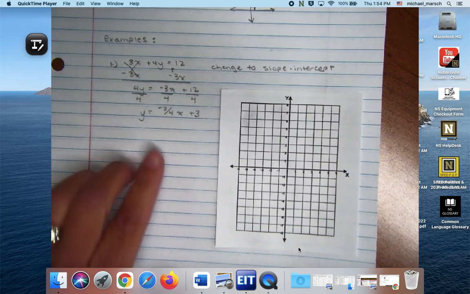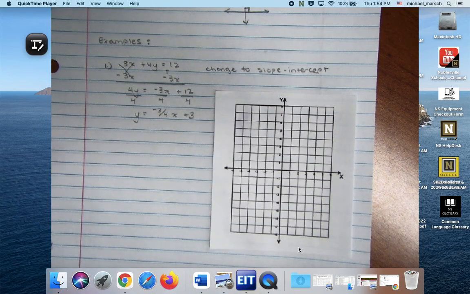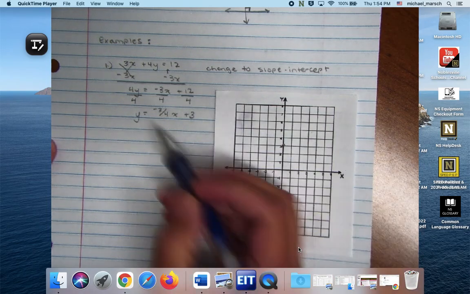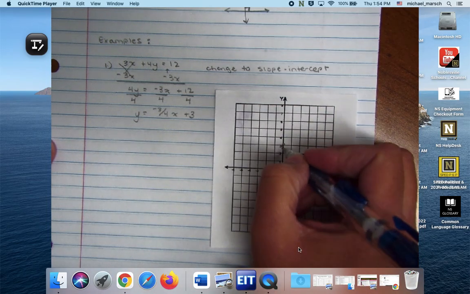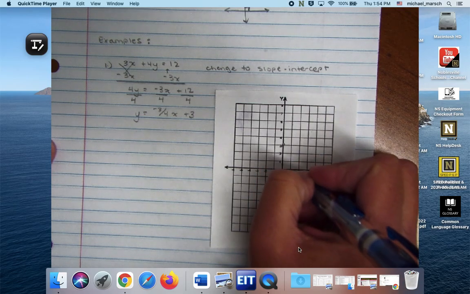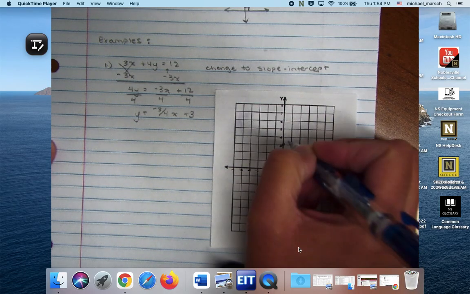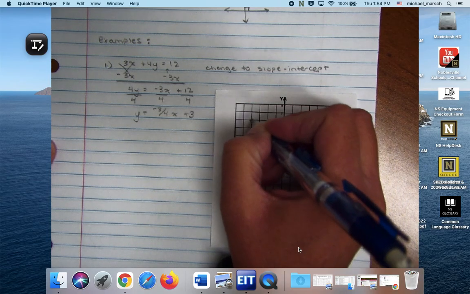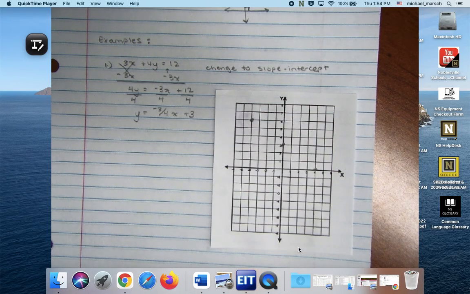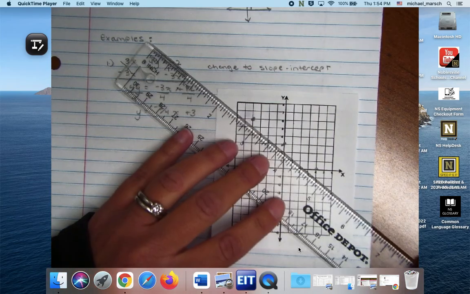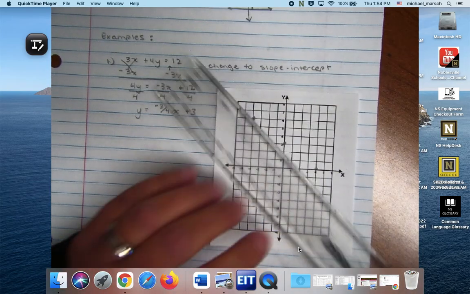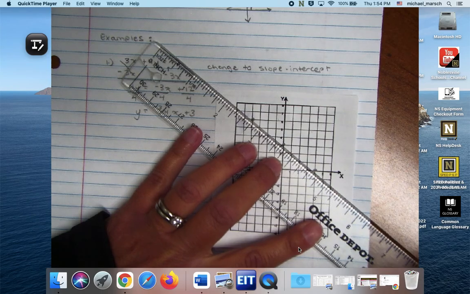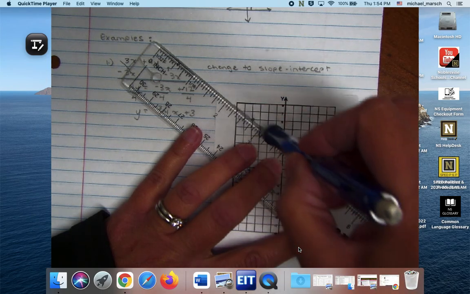So now we're going to actually graph this. I'm going to put my y-intercept at 3. My slope is negative 3 over 4. Then I would go up 3 and back 4. And that's all I can put on my paper.